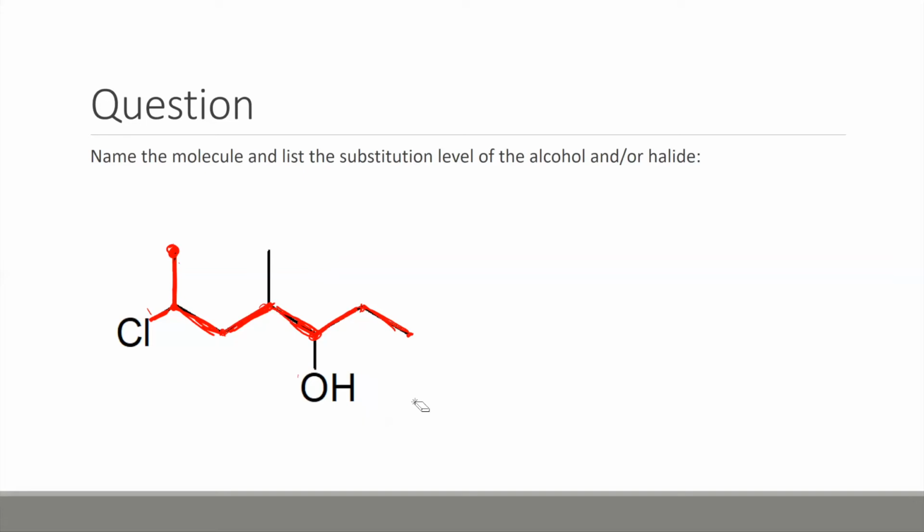Okay, so the length of this chain is 1, 2, 3, 4, 5, 6, 7. So this is a heptanol, right? Because there is an alcohol here.